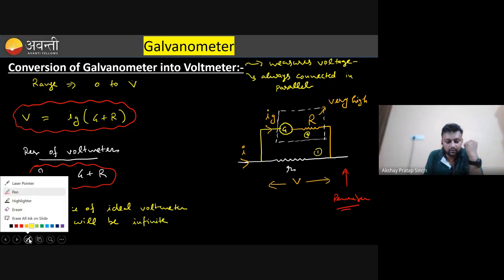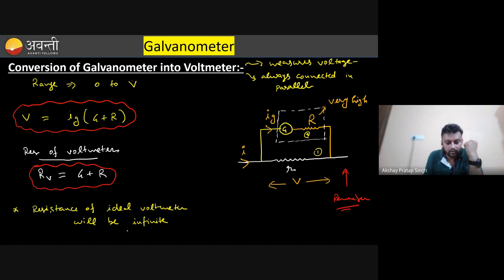So try to remember one more punchline that I have mentioned here. Will have infinite resistance. These questions of ideal voltmeter and ideal ammeter are very common.